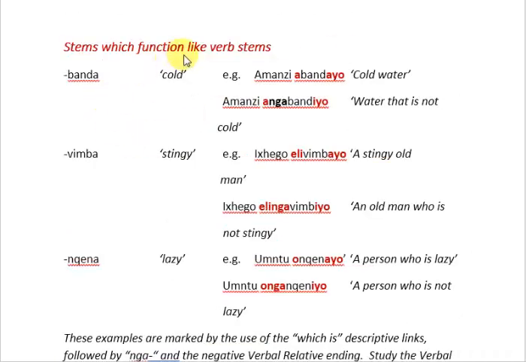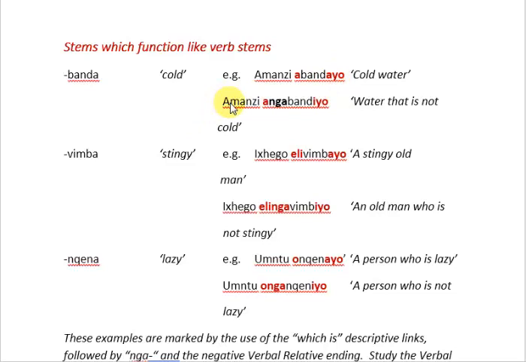Then we have the stems which function in the same way as verb stems do, such as banda, vimba, and ngena. And take note now that in the case of banda, amanzi abandayo, you will only get the yo if you are using a verb stem.